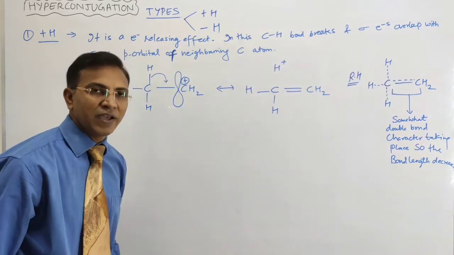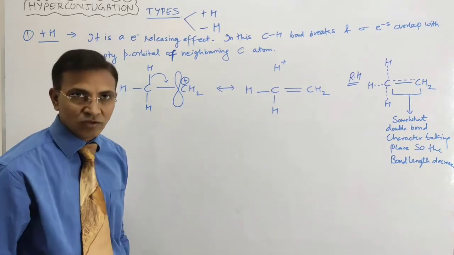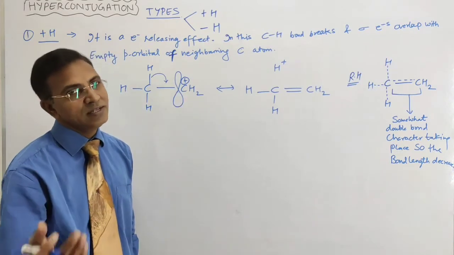So because of the H effect, the bond length decreases because the resonance takes place. This is the kind of resonance, and thus the double bond character comes into existence and the bond length decreases.